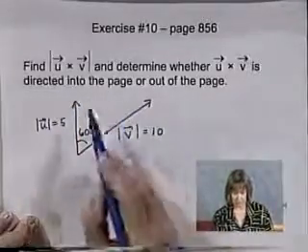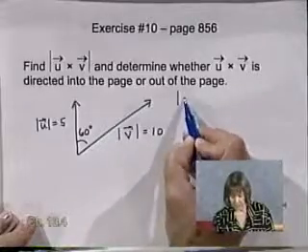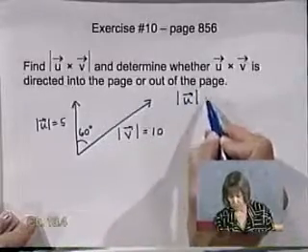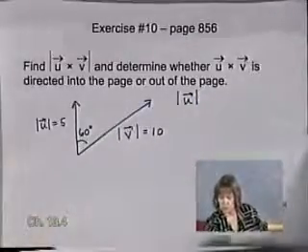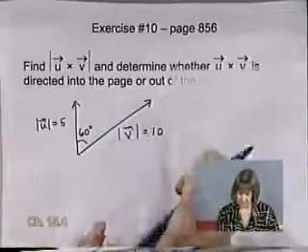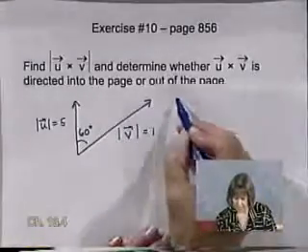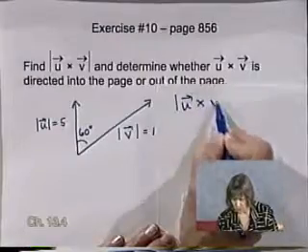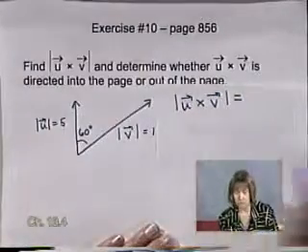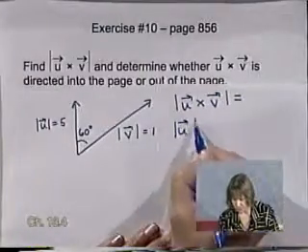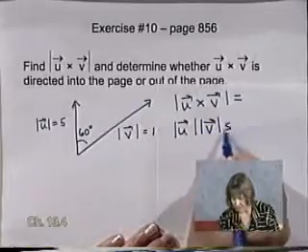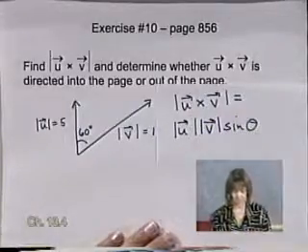Well, first of all, I'm going to do the magnitude. Remember, the magnitude of U cross V is equal to the magnitude of U times the magnitude of V times the sine of the angle.